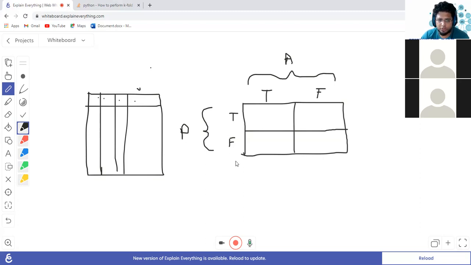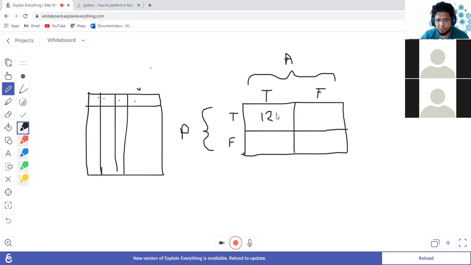So there can be 4 scenarios, right? That is, the person actually had heart disease and the model correctly predicted that he has heart disease. Suppose say 120.